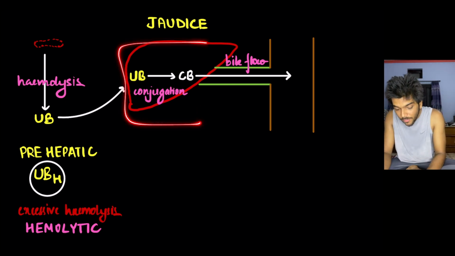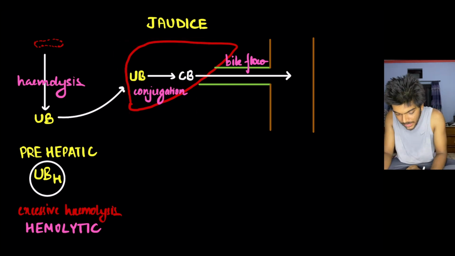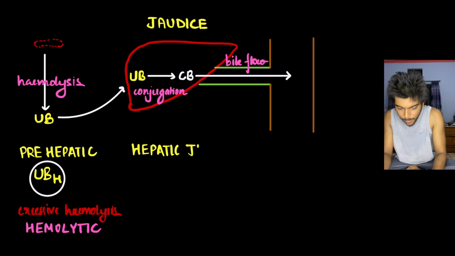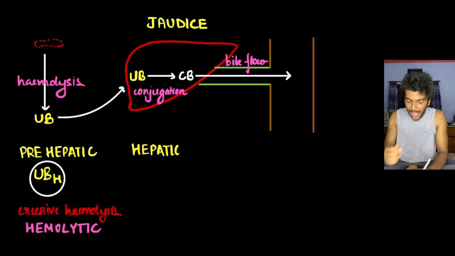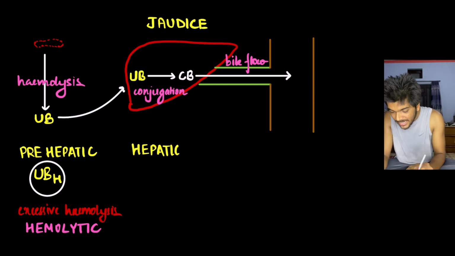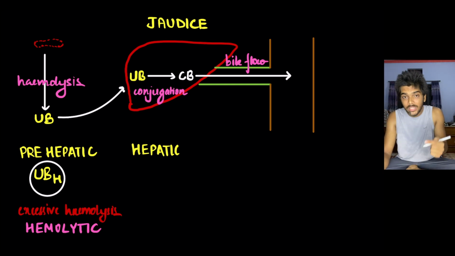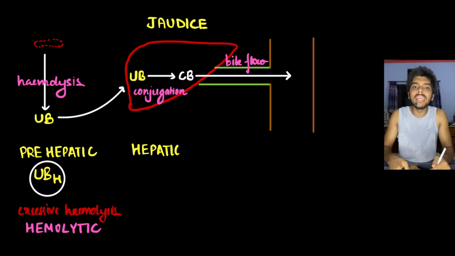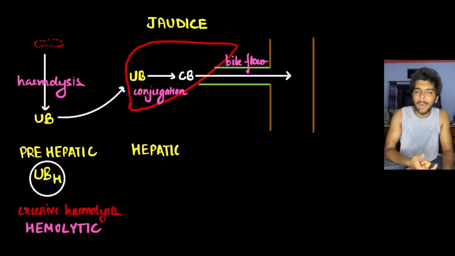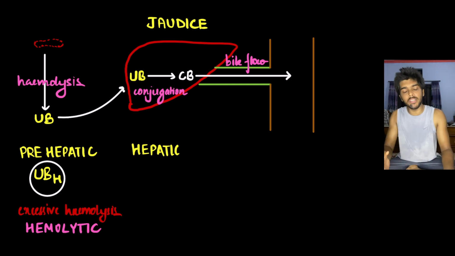Second is due to a defect within the liver, so it is referred to as hepatic jaundice. What happens is the cell of the liver, the hepatocyte, somehow gets injured, referred to as hepatocellular injury. Now this injury is most commonly due to hepatitis, like viral hepatitis, or it could also be due to liver cirrhosis.